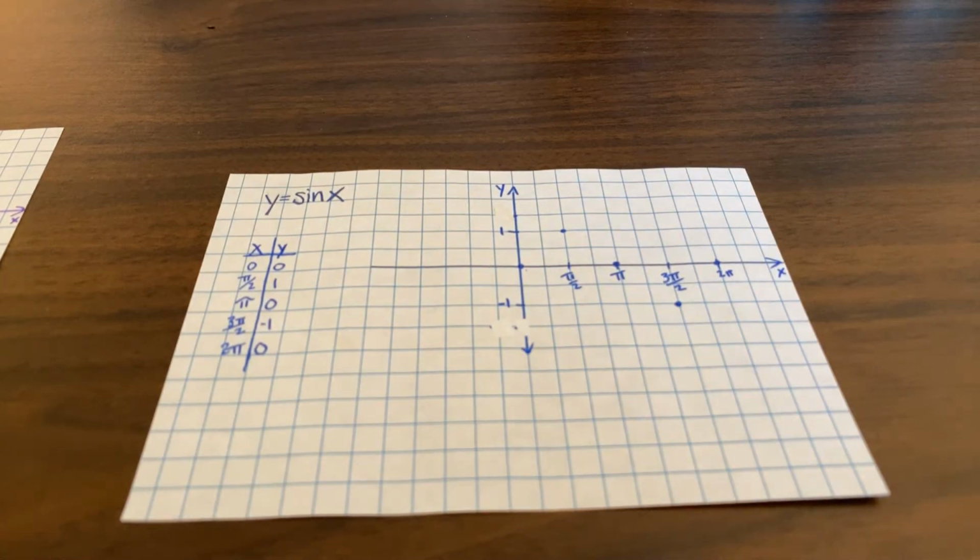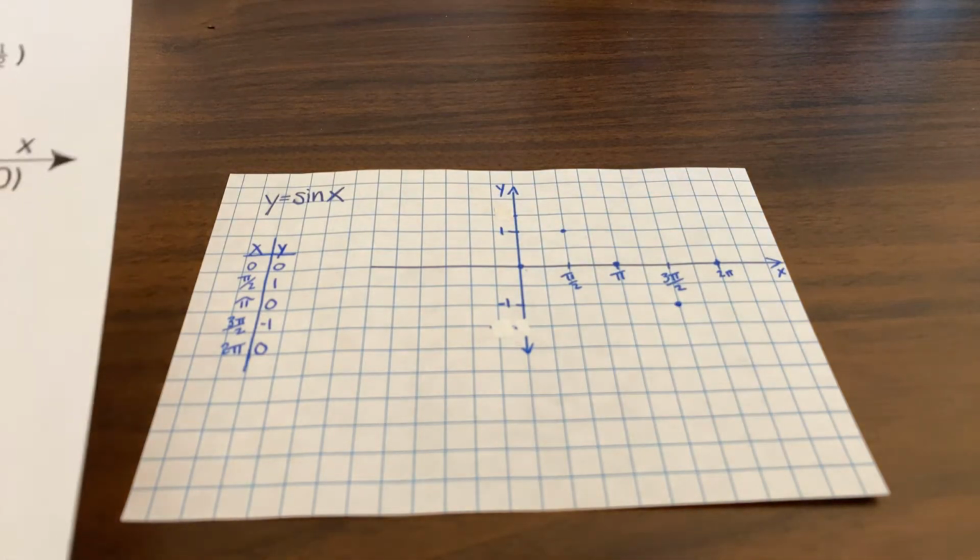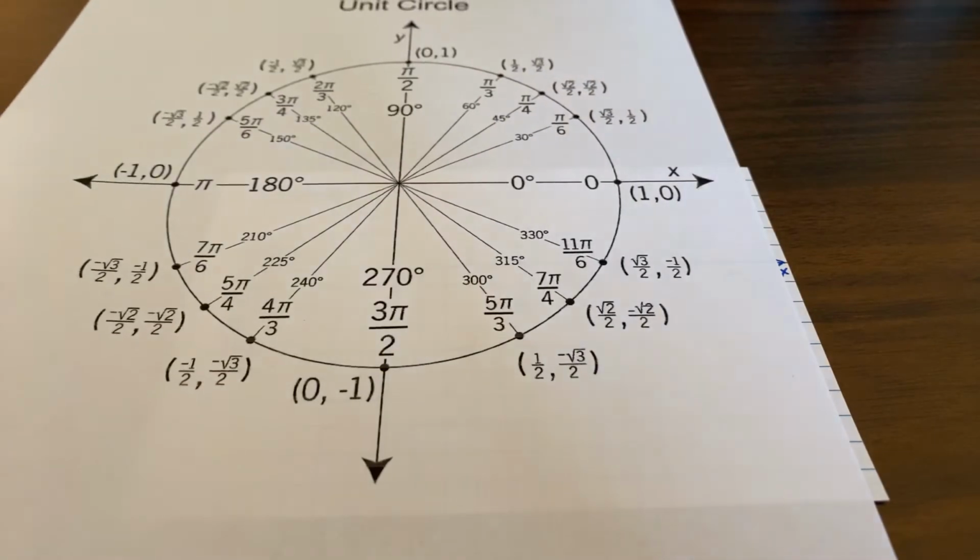Today we need to talk about graphing the functions sine of x and cosine of x. So let's start with the sine function, right? We have talked about finding sines of angles. We've talked about them being ratios in triangles. And we've talked about the unit circle a little bit.